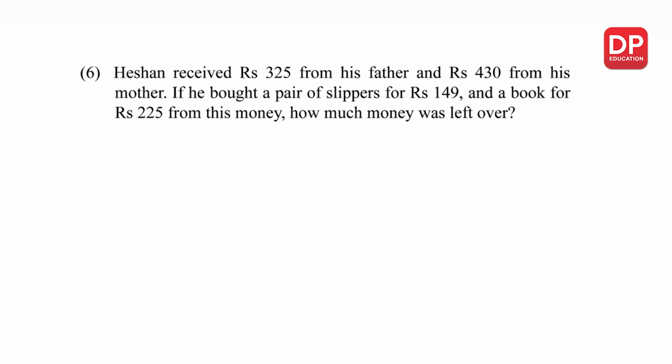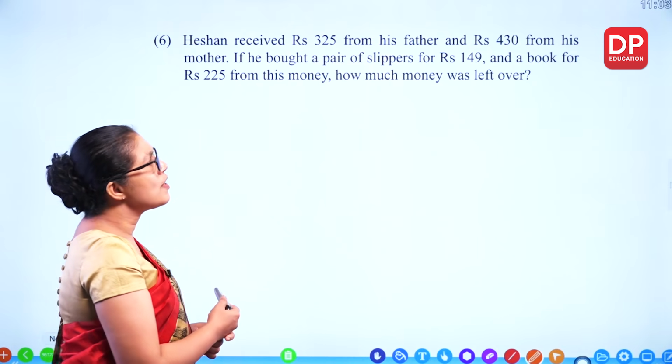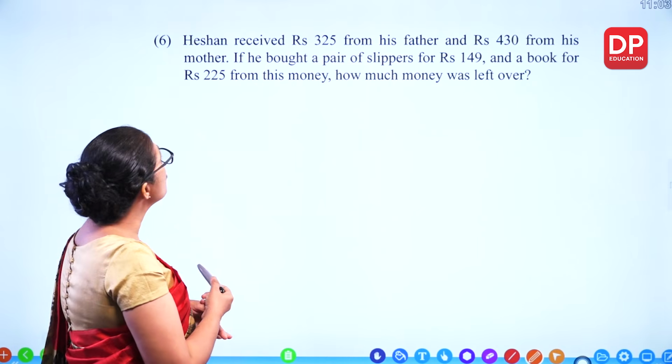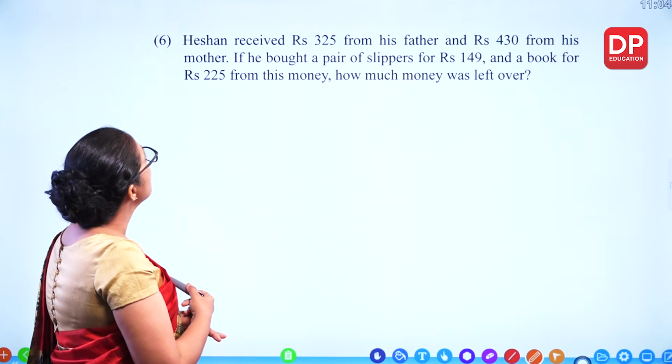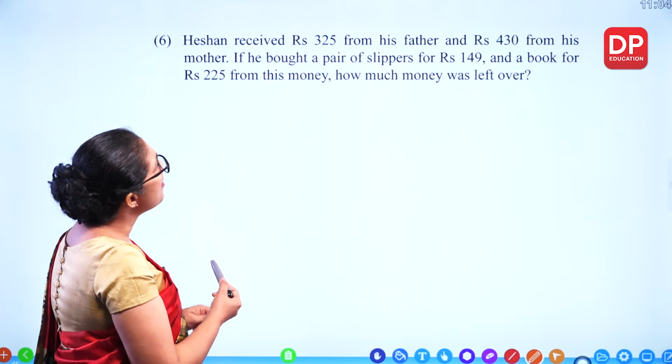Question number 6. Heshan received 325 from his father and 430 from his mother. If he bought a pair of slippers for 149 and a book for 225 from this money, how much money was left over? So what's the total given by father and mother?